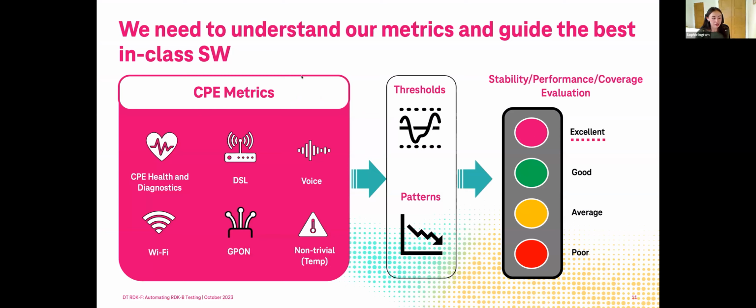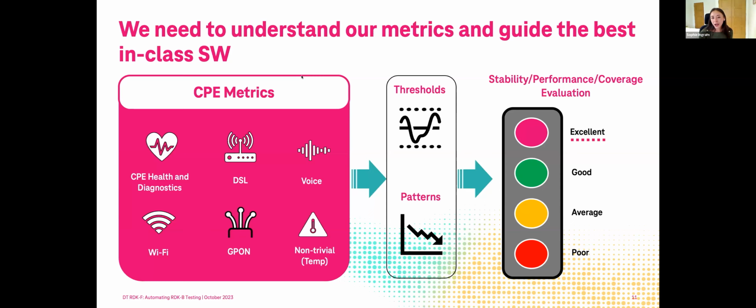So what are the areas that we look at within our firmware that really tell us about the software quality? So this could be our CPE health, it could be on our DSL, it could be voice, Wi-Fi, GPON, or things that are non-trivial like temperature, for example. We then define a set of thresholds where we maybe say that for temperature, for example, we don't want to exceed either of these two areas, and patterns as well.